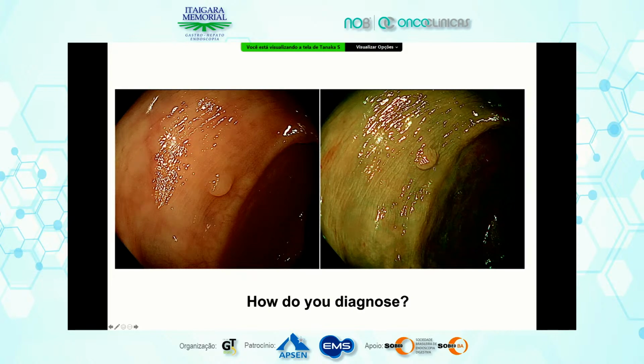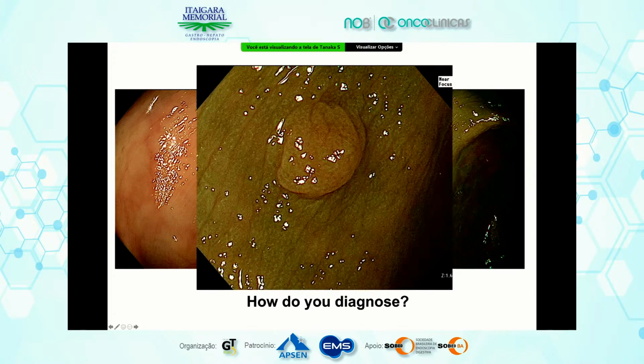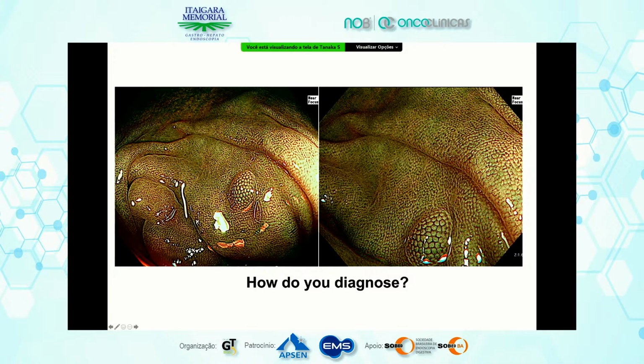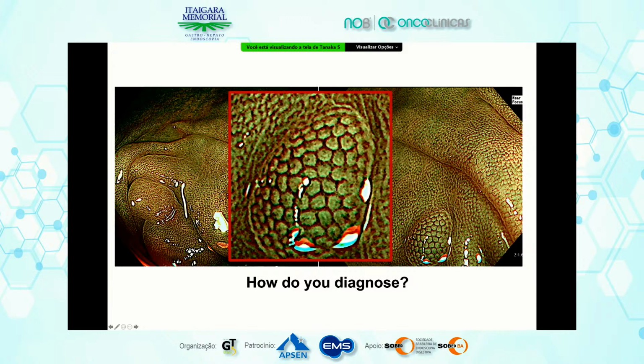This is typical hyperplasia, no vessel, same structure as the surrounding mucosa. This is typical hyperplasia. So, how do you diagnose this lesion? Some novices diagnose this lesion as adenoma because there is a vascular pattern.